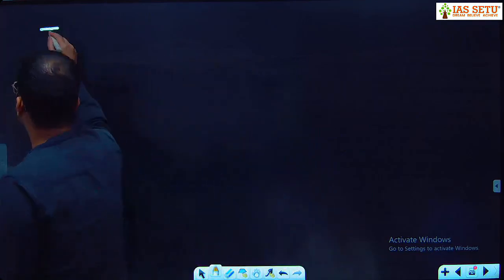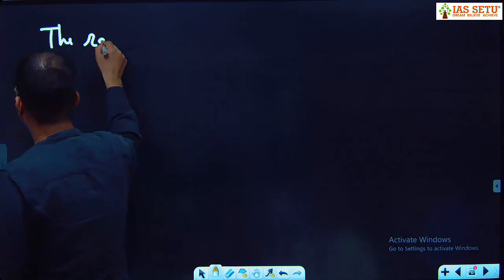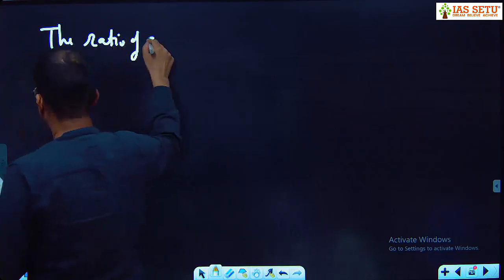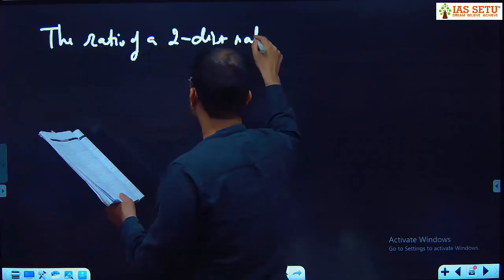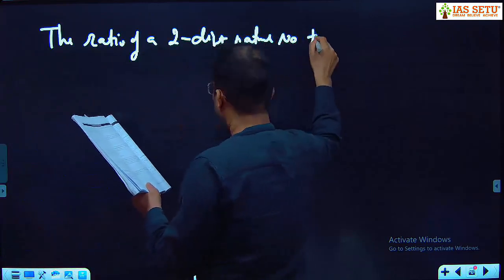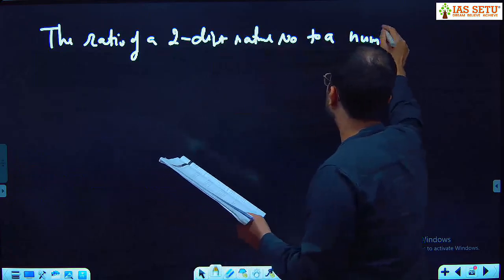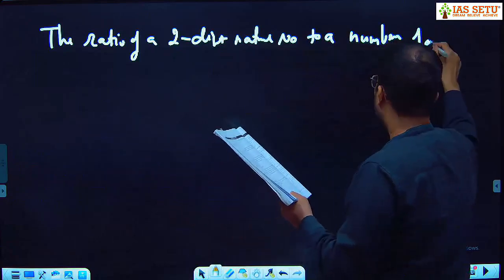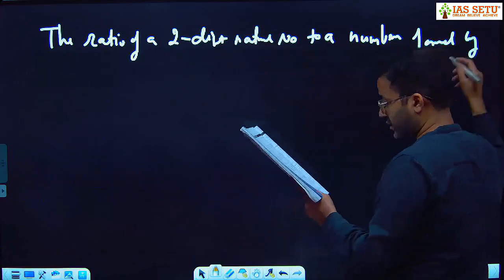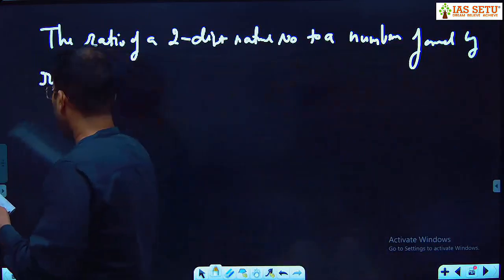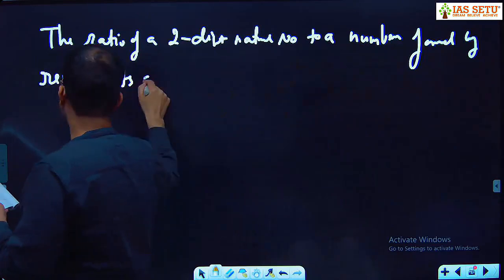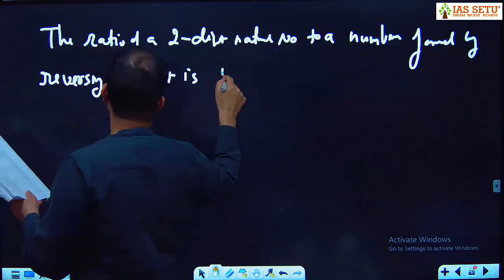क्वेश्चन पूछा है, the ratio of a two-digit natural number to a number formed by reversing its digit is 4:7.